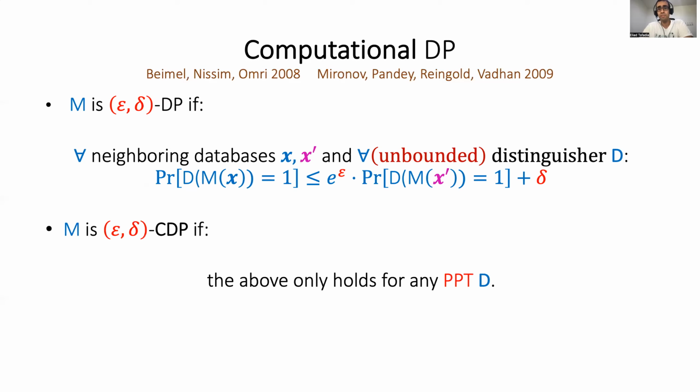Now, using this view of the definition, we can naturally define a computational relaxation of it called (epsilon, delta) CDP, where we require that the above only holds for polynomial time D and not for every unbounded D. Namely, an unbounded D might be able to distinguish between M(X) and M(X prime), but an efficient D cannot. We denote this relaxation by superscript C.